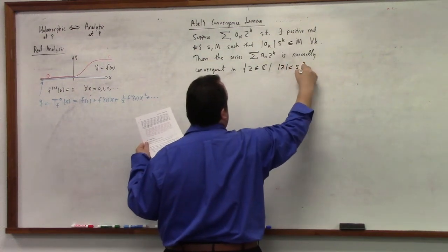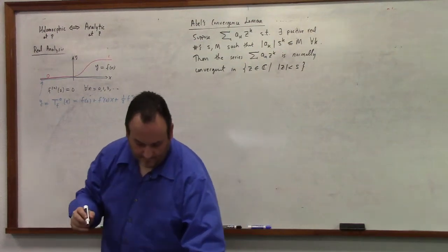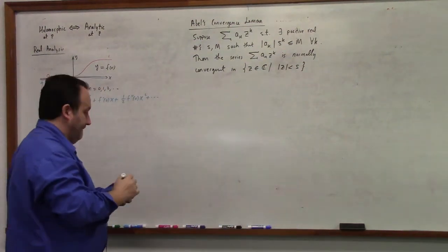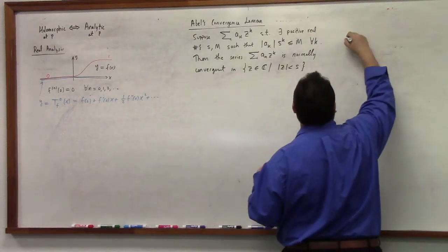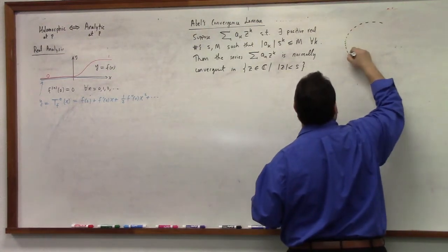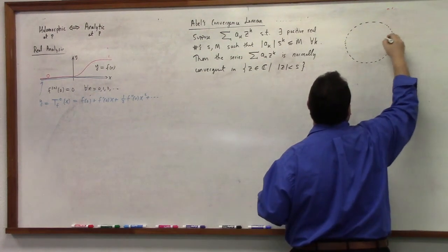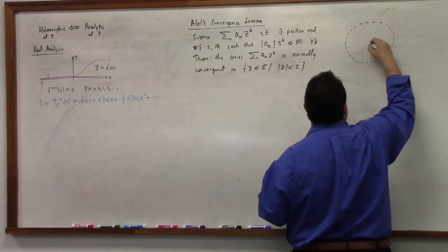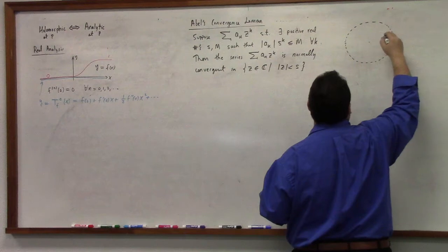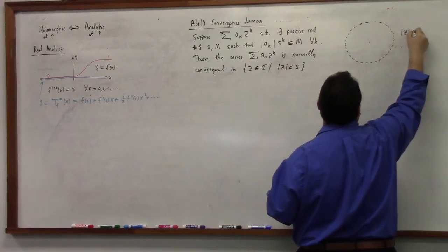Now, what does that mean, normally convergent? Do you remember? Everything inside the disk converges. Yes. And there's particular points on the disk. Well, I would say that's not quite it. Normal convergence in a set, so this is the set modulus of z less than s, let's say.